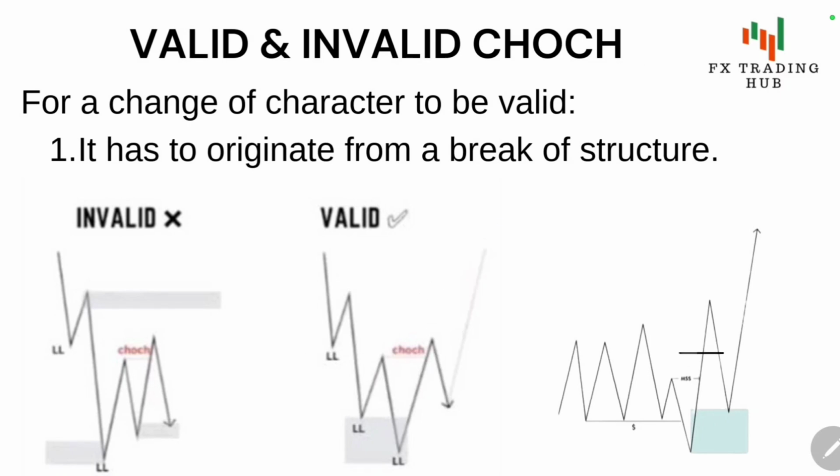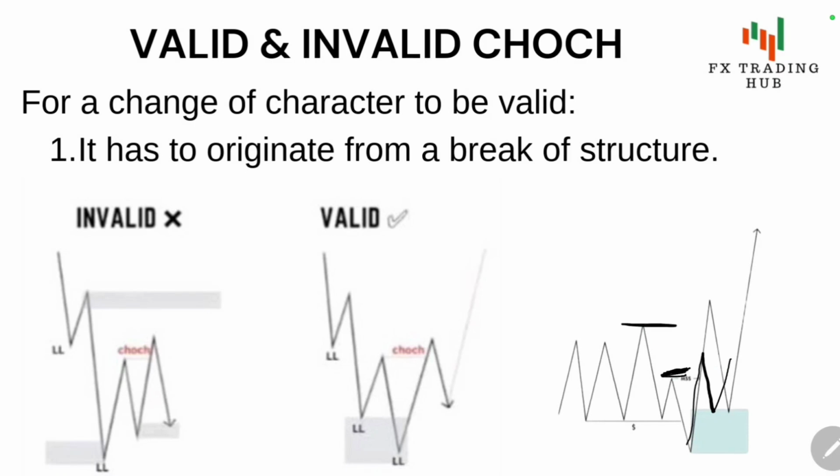Okay, like you can see here as well. In this case, the market broke all of these down before it creates a break of structure to the upside. This is a valid change of character. But even if it was only here that was broken, I wouldn't identify it. Let's say the market just broke to this point, this could not be referred to as a valid change of character.